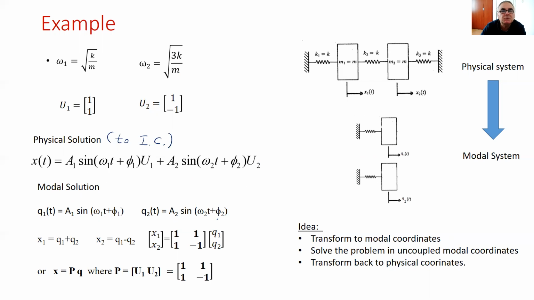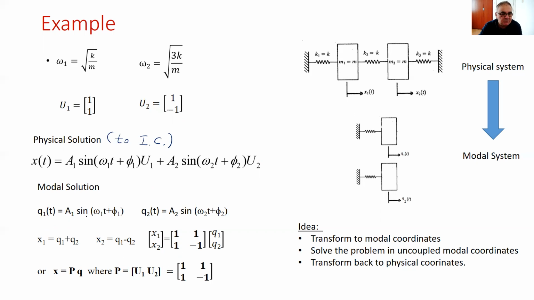The second mode would give you a response in the second natural frequency. If you use P equal to U1 and U2, that is the mode shapes, as the transformation matrix, the physical coordinates X can be obtained from the modal solutions, okay?